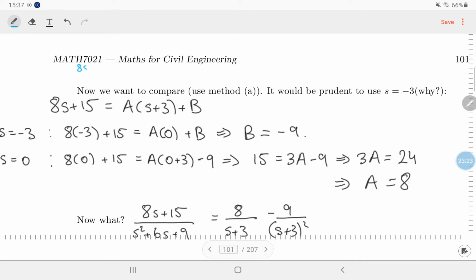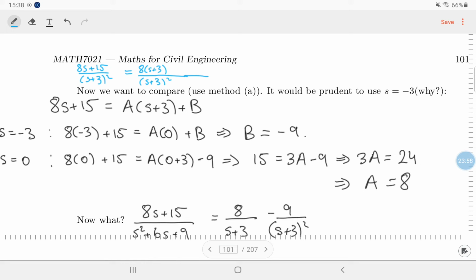So you have 8s plus 15 over (s plus 3) squared. And the idea is to get an s plus 3 on top. Okay, so you do something like this. Yeah, it's not actually that easy at all. Maybe it'll scare you away from it, and that's okay. So if you get 8 times (s plus 3), now that does the 8s plus 24.